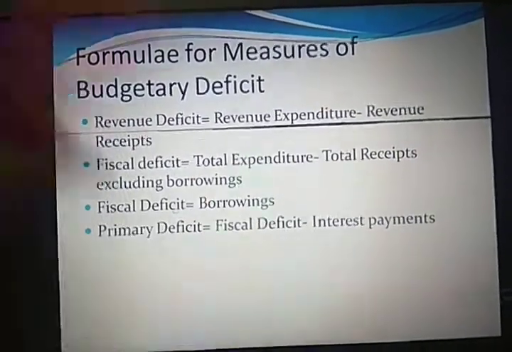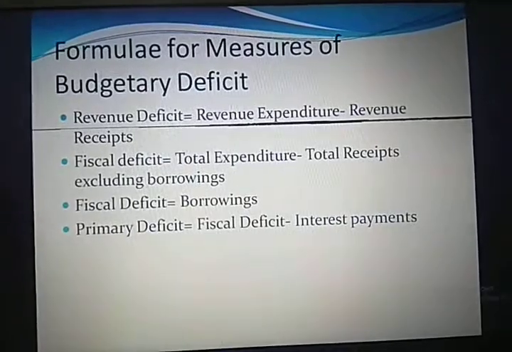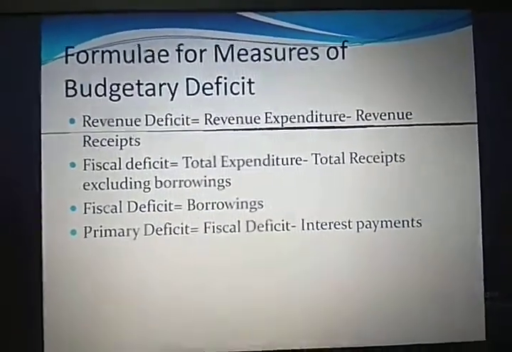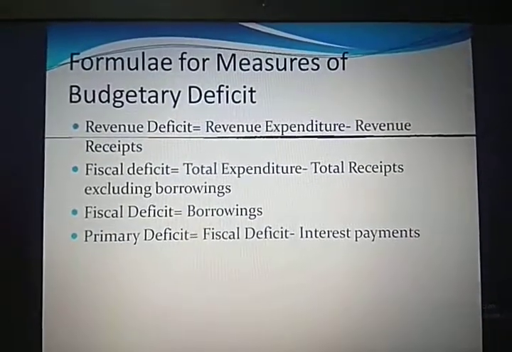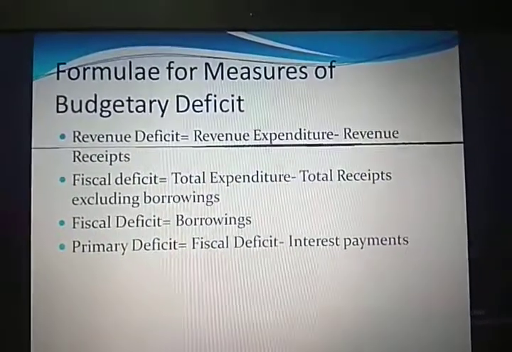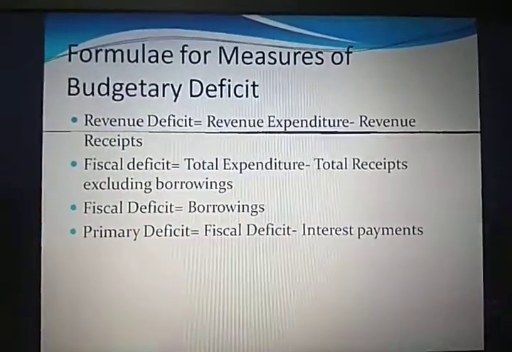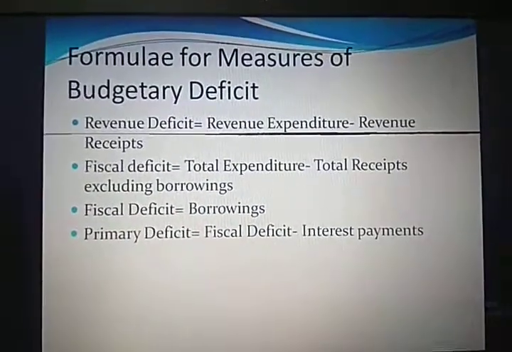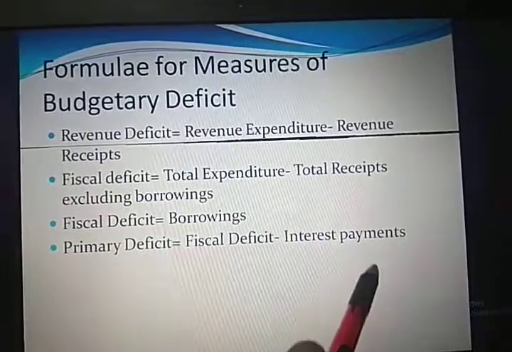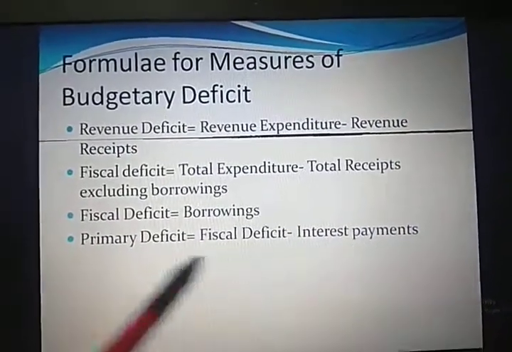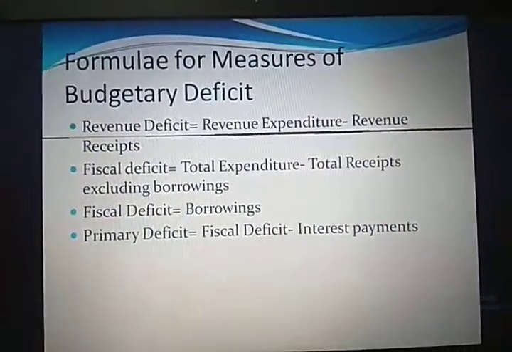Out of that, if you have paid an interest amount of 100 crore, that means whatever loan you have taken, the complete amount you are utilizing for paying interest on the loan which you have already taken. So is the situation good for economy? That means in this case, fiscal deficit is also 100 and interest payment is also 100. So your primary deficit results to 0.